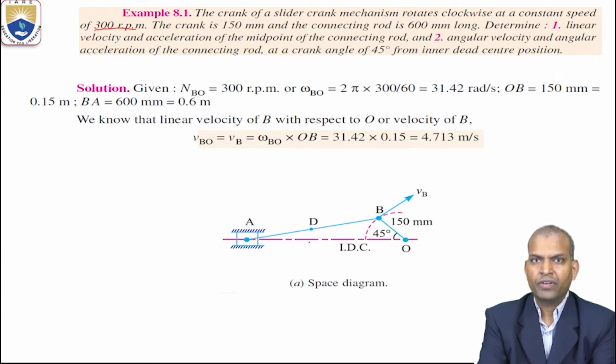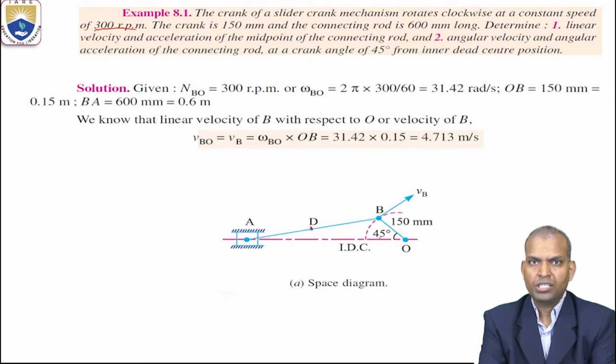Determine the linear velocity and acceleration of the midpoint of the connecting rod. This is a connecting rod AB. Midpoint of connecting rod is D.